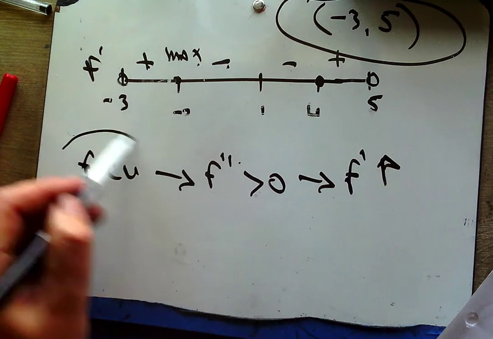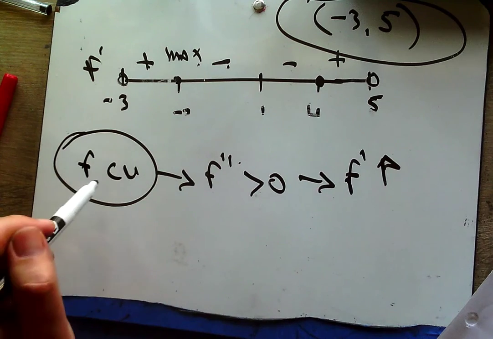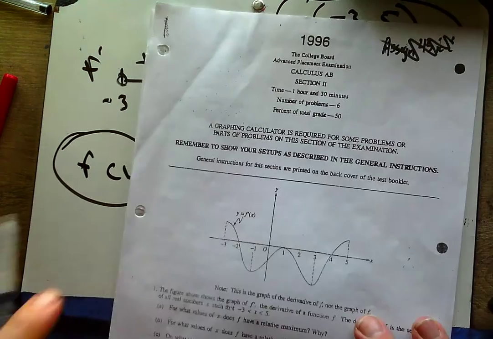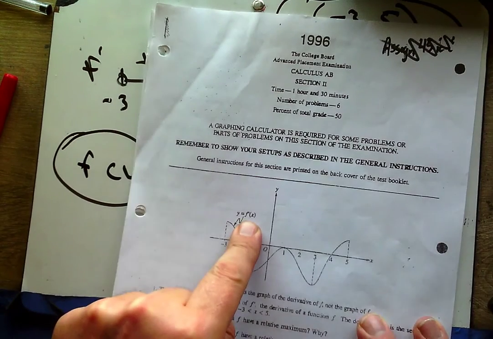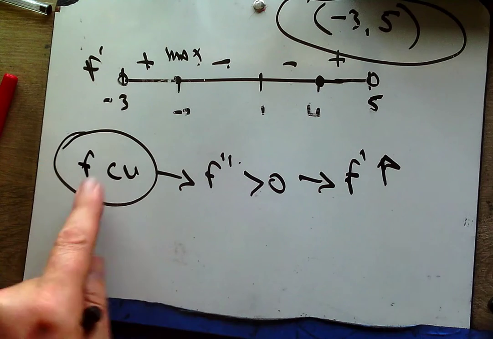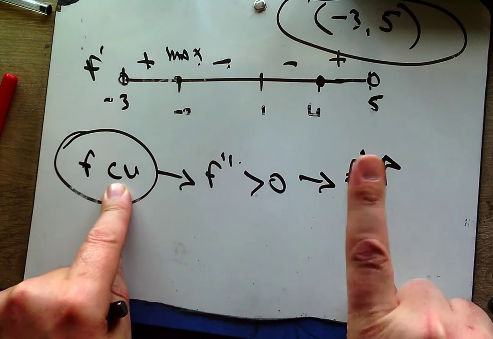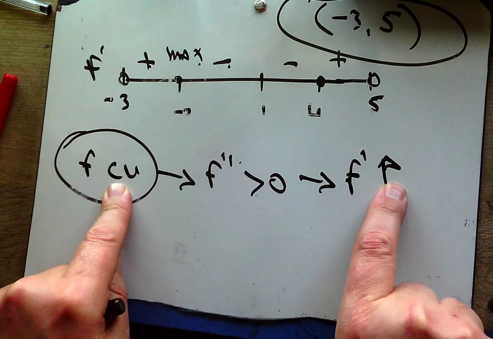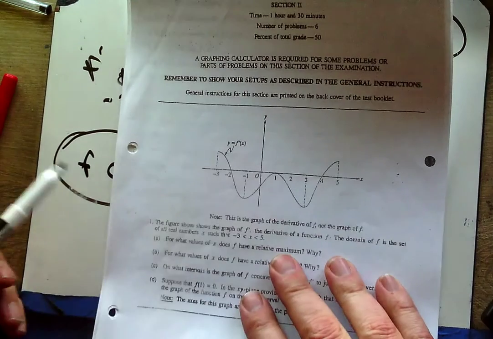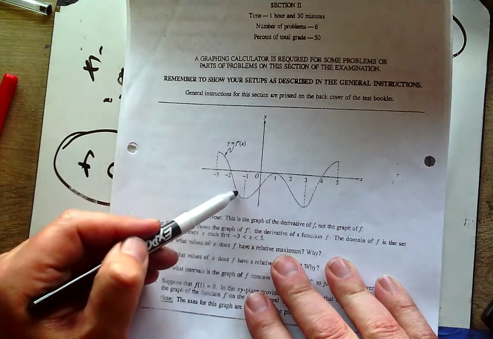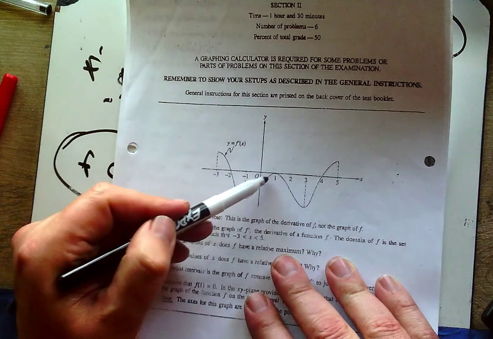And so when they ask me about when this is happening, and they give me f prime, I have to say, well, f is concave up when f prime is increasing. So I look at this graph: decreasing, decreasing, decreasing, increasing, increasing, increasing.